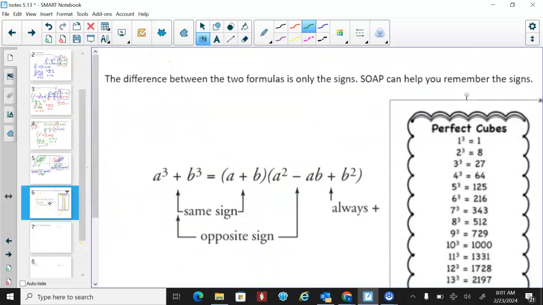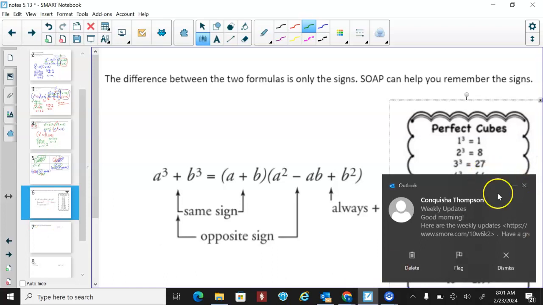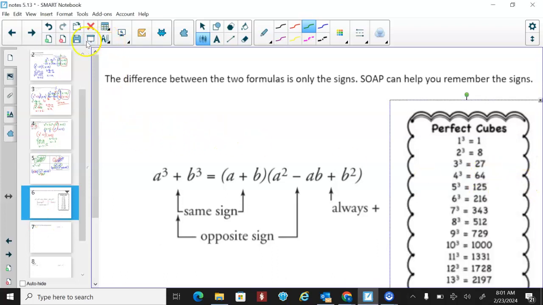All right, so this is just a little review for you guys. Just to review, the difference between the two formulas is only the sign.